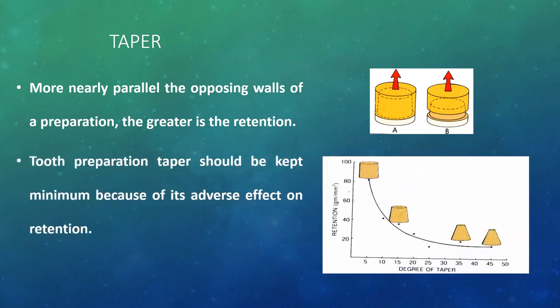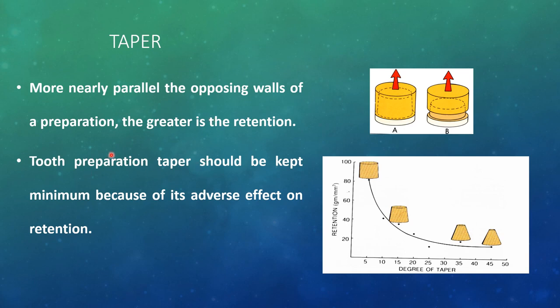Okay, guys. So the amount of taper given, or at least the taper: the more nearly parallel the opposing walls of a preparation, the greater the retention. So any taper you give, at any degree, is going to make the crown seat properly onto the tooth structure, and it's going to enhance retention.